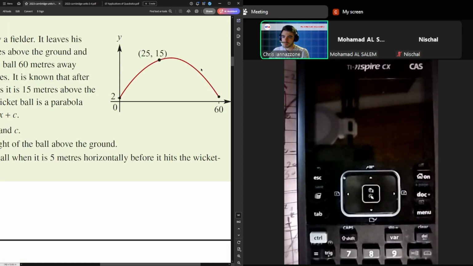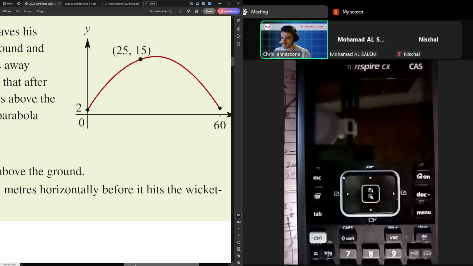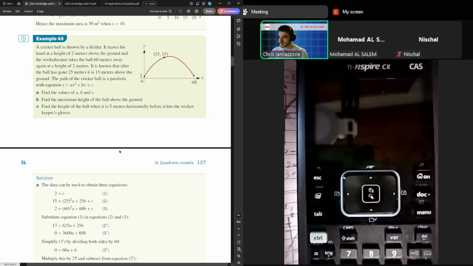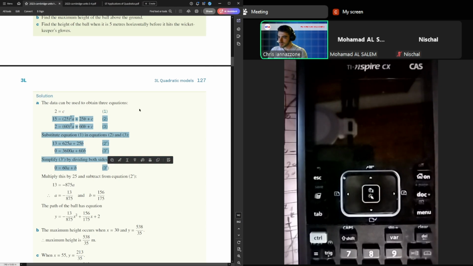Looking at that graph, what are those 3 points? It's not super obvious. What are the 3 points? 0 to 62 and 25 15. Perfect. Even if these aren't labeled, you can see where they appeared on the axes, and therefore they become your points. Nice. Those form the basis of your simultaneous.